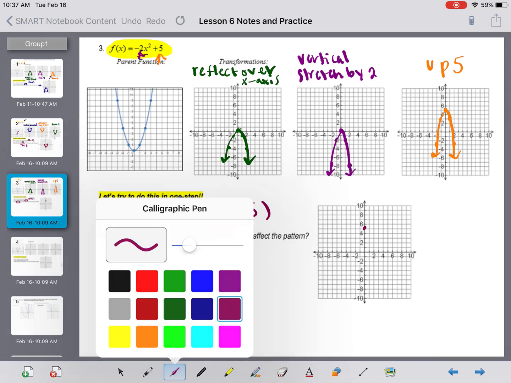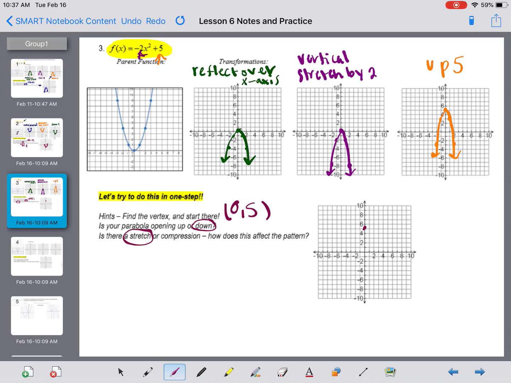And again, our normal distance would be down 1, right 1, down 3, right 1. But we're multiplying it by 2. So now we're going to go down 2, right 1, down 6, right 1, down 2, right 1, down 6, right 1. And there we go.